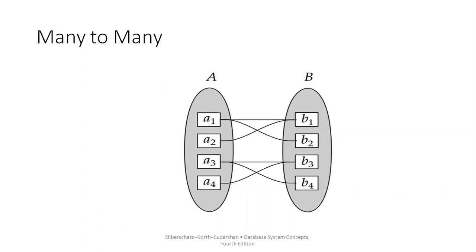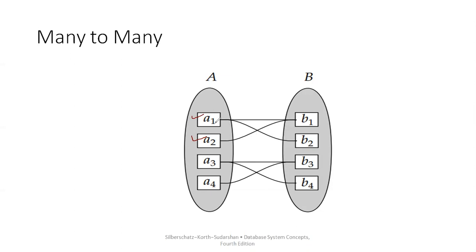Here you can see that many students are there, like entities A1, A2, A3, A4, and many entities are associated with many entities in entity set B. So here you can check A1 and A2 are associated with B1. But at the same time, A1 is associated with B2 also.